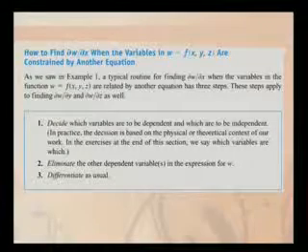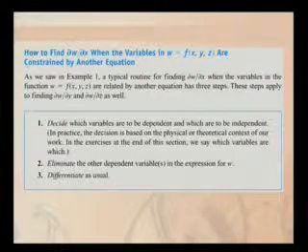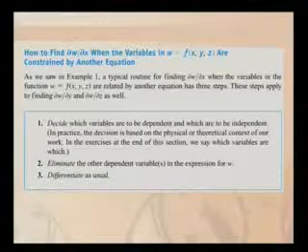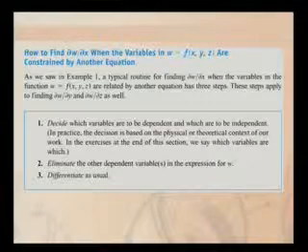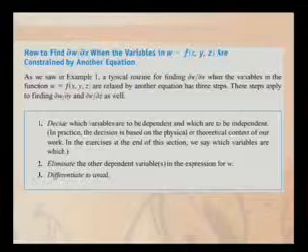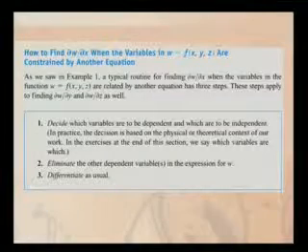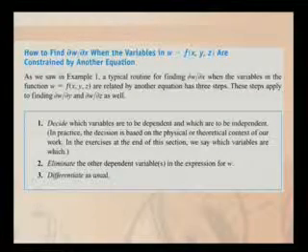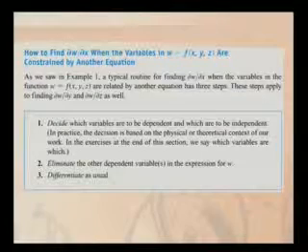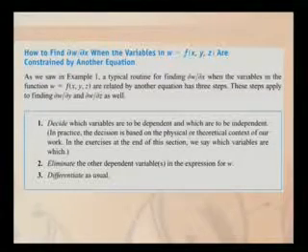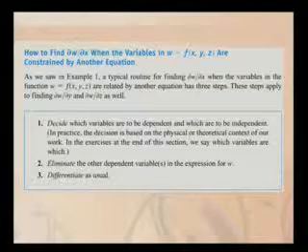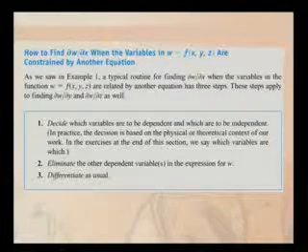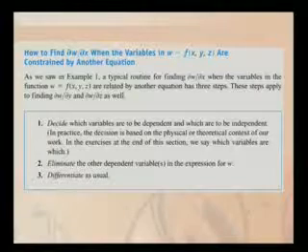In the first step, we decide which variables in w are independent and which are dependent, and then in the second step we eliminate the dependent variables from w using some calculations. Then in step number 3 we differentiate, as usual, the partial derivative of w with respect to x or with respect to y or with respect to z. So these are the steps for finding the partial derivative of any variable when it is constrained by another equation.